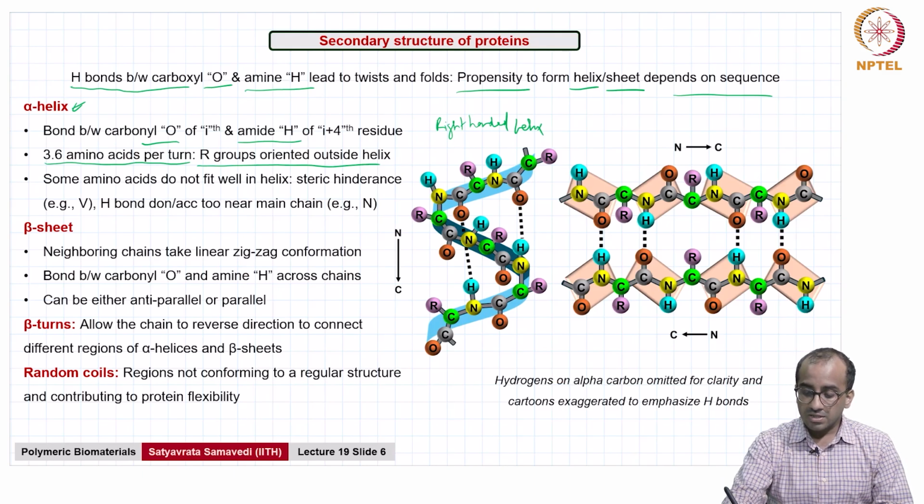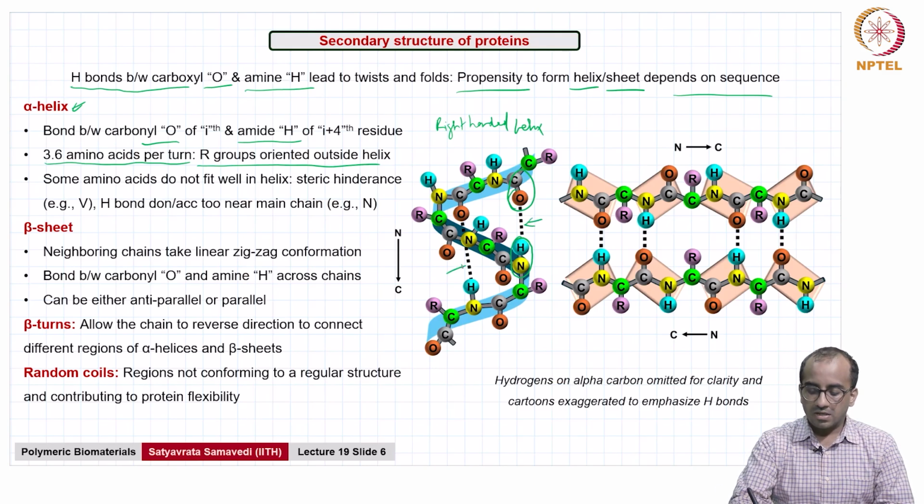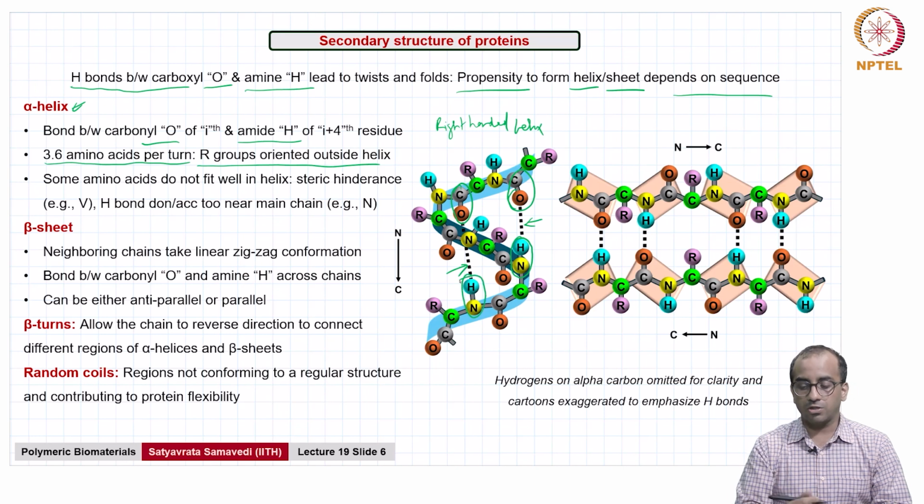So, this carbonyl O hydrogen bonds with this amine H. This dotted line indicates the hydrogen bond, likewise here. This carbonyl O of this residue hydrogen bonds with the amine H of this particular residue, and so on and so forth. And note here that we have again listed the directionality from N to C.